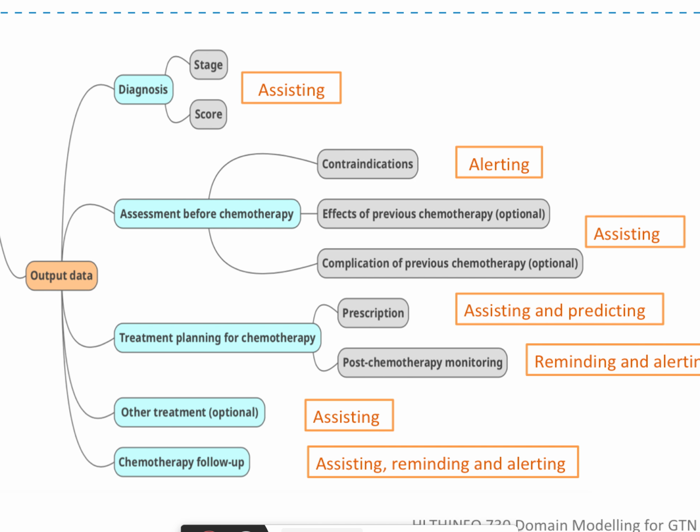The system can also provide other treatment suggestions, such as treatment for side effects or surgery if necessary. When the chemotherapy is finished, the system could offer a schedule of follow-up with reminding and alerting functions.